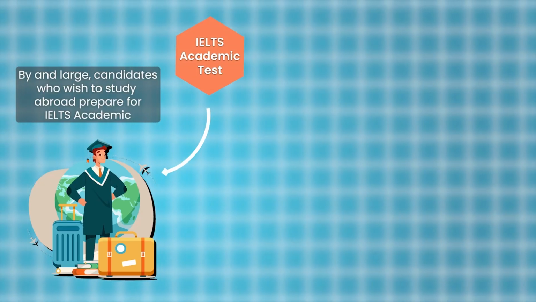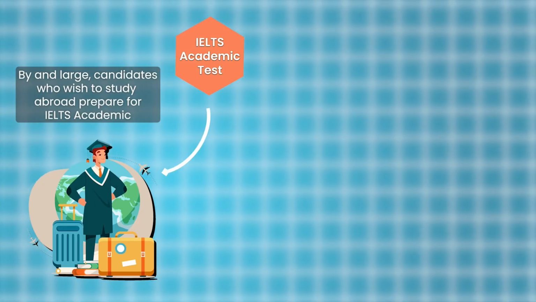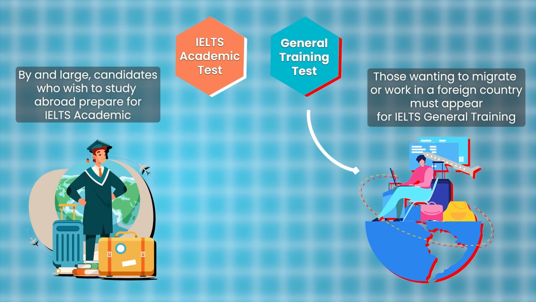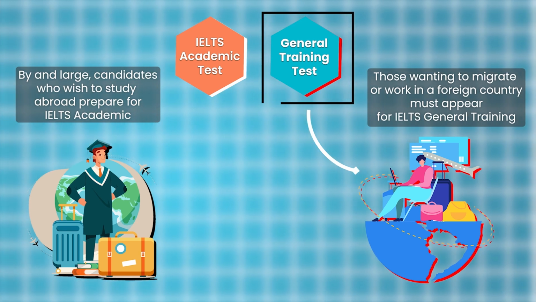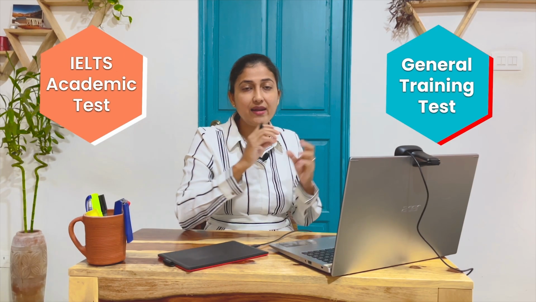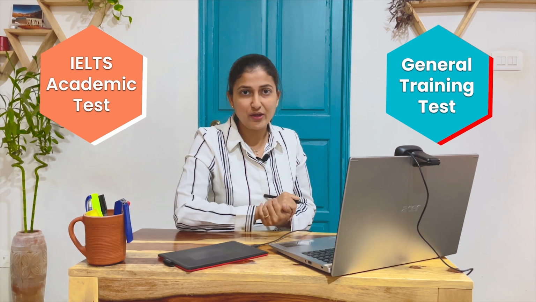If you are a candidate who wishes to go abroad for studies, then you should go for academic. However, if you're planning to migrate or work abroad, then you have to take general training. So as I said, there are 2 types, IELTS academic and IELTS general training. Okay, I hope this much is clear.